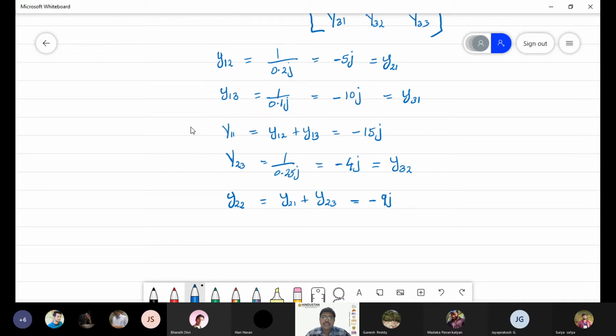All the second row values we got, and in the third row y31 we got, that is minus 10j, y32 we got, that is equal to y23, and y33 we need to find.